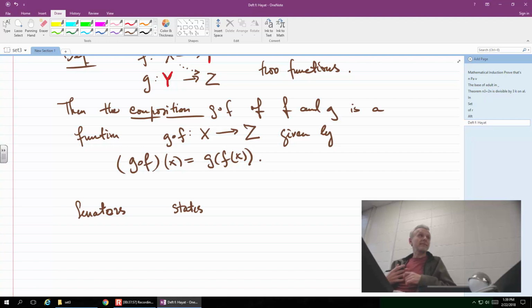There are senators for each state. Yes, two. Very good. Which way did the function go? From senators to the state. That's right. Why not the other way?